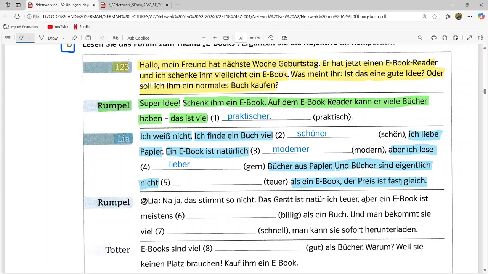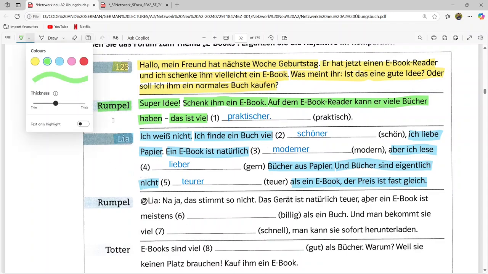The price is almost equal. Okay. So the option here will be teuer, the comparative form of teuer. So the comparative form of teuer is teurer. Okay. So the spelling will be like this, a little change. So these are Liya's options.